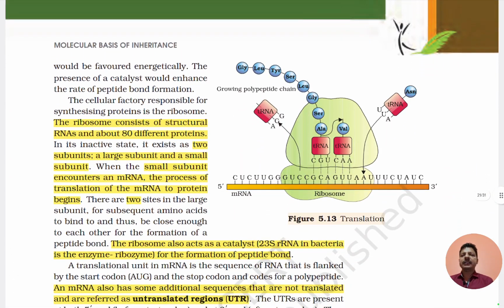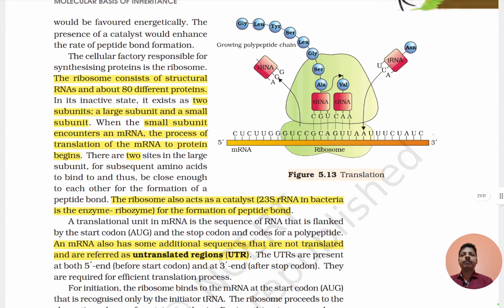Then, as given, the ribosomes consist of structural RNA and about 80 different proteins. In its inactive state, it exists as two subunits, a larger subunit and a small subunit. When the small subunit encounters an mRNA, the process of translation of the mRNA to protein begins.